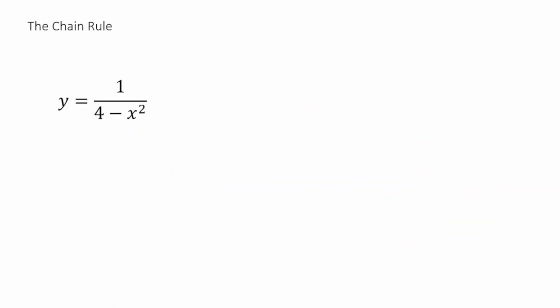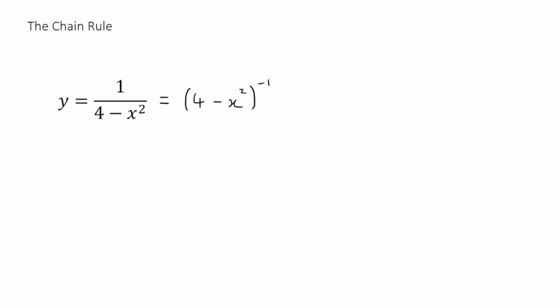Here we've got y is equal to 1 over 4 minus x squared. Now, in order to do this, actually, what we need to do first is change this just a little bit. We know from our rules of indices that this can be written as (4 minus x squared) to the power of negative 1.